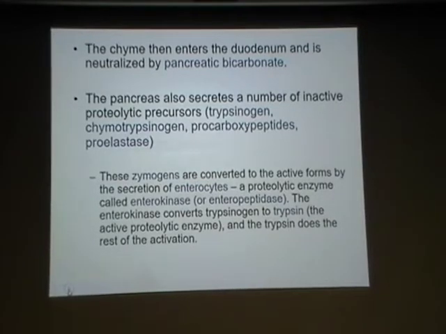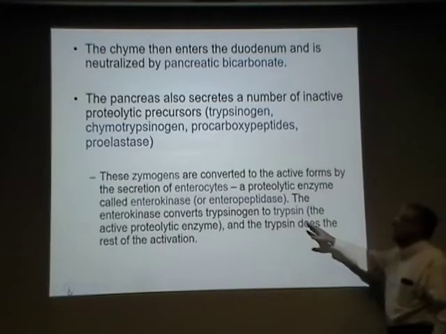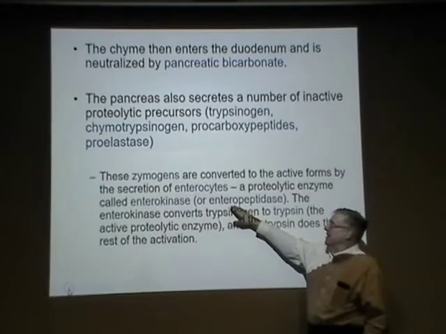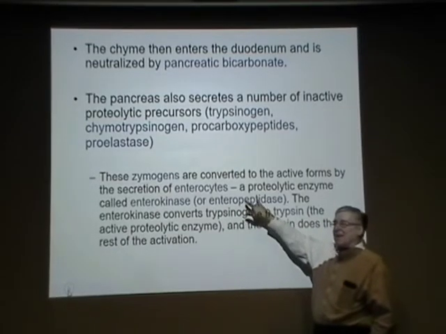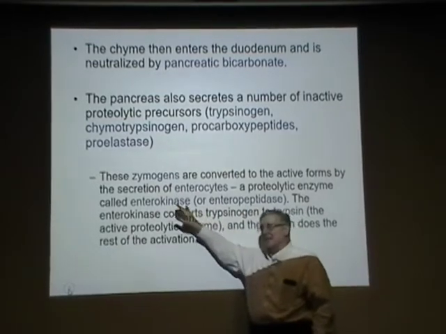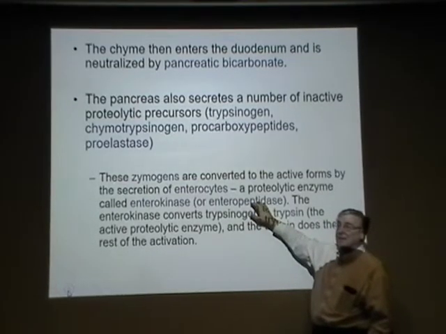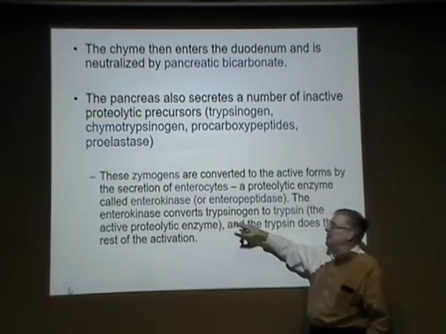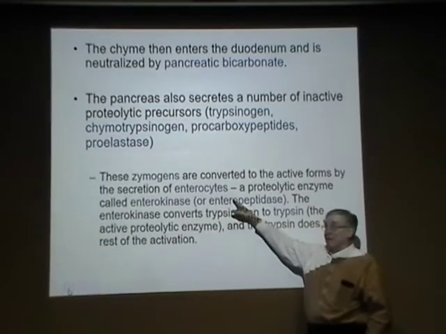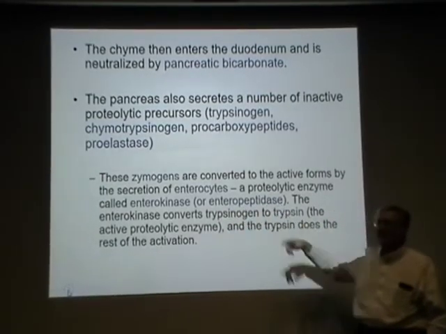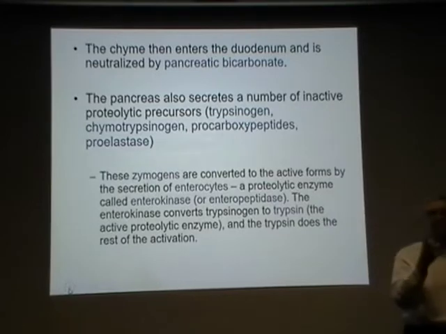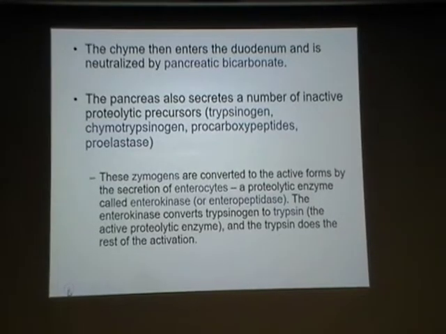But this is extracellular, so I don't expect to see much ATP floating around. So enterokinase, another name you may see used for it is enteropeptidase. Now, this is the one that I learned. This name tells me more. Kinase gets me confused, but entero for small intestine and peptidase, that it's going to break peptides.